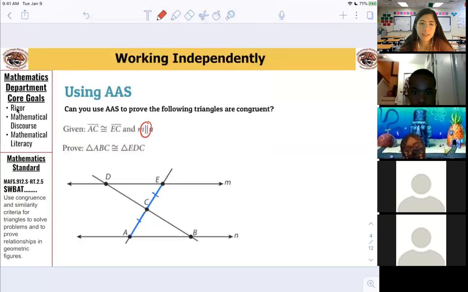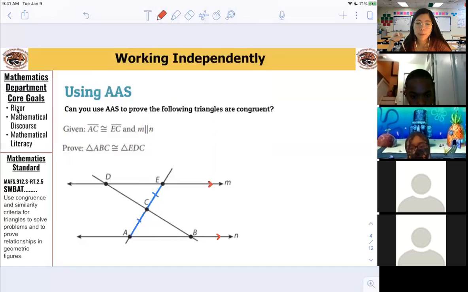Parallel. Yeah, parallel. You can always remember parallel because it just looks like two parallel lines. So M and N are parallel. Okay, so that's all I know so far.